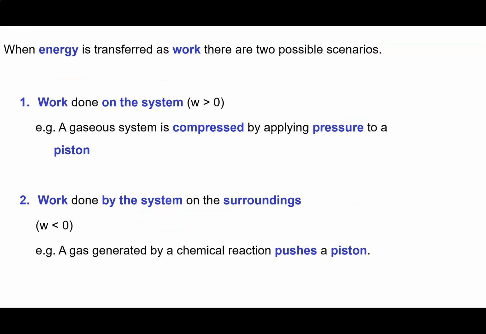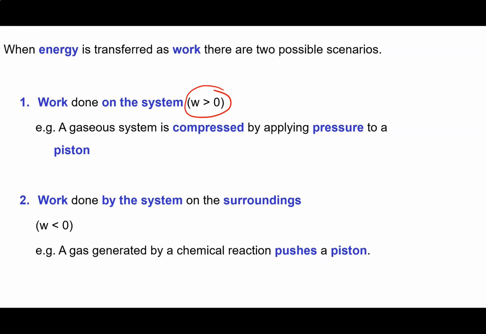Okay, so we saw that when energy is transferred as work, that means when we make an object move against a force, there are two possible scenarios. We could have work being done to our system that is increasing the energy of our system. A good example of this would be if our system was a gas and we compressed it.